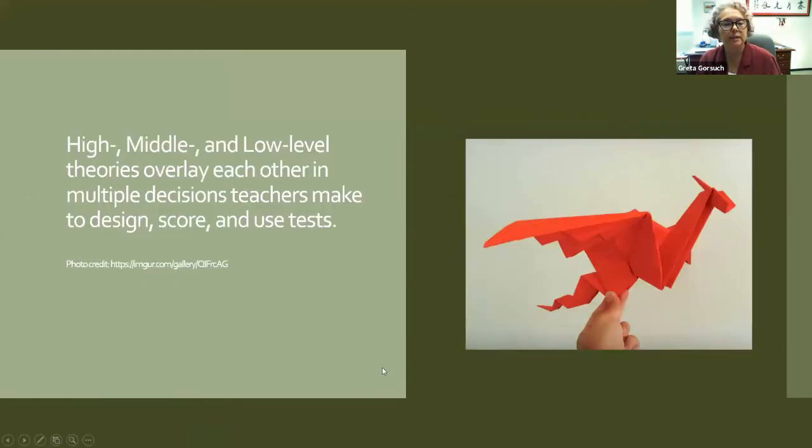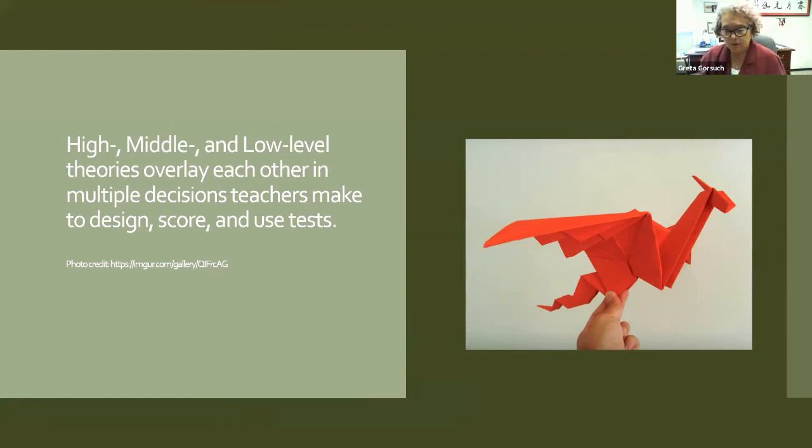All right. So I'm going to argue that high, middle, and low-level theories overlay each other in multiple decisions that teachers make to design, score, and use tests. So instead of a ball of yarn as a visual image for these beautiful tests that teachers make, here we have a beautiful origami dragon.